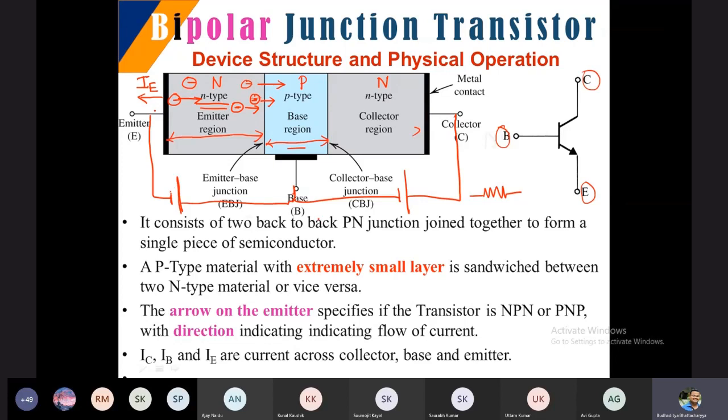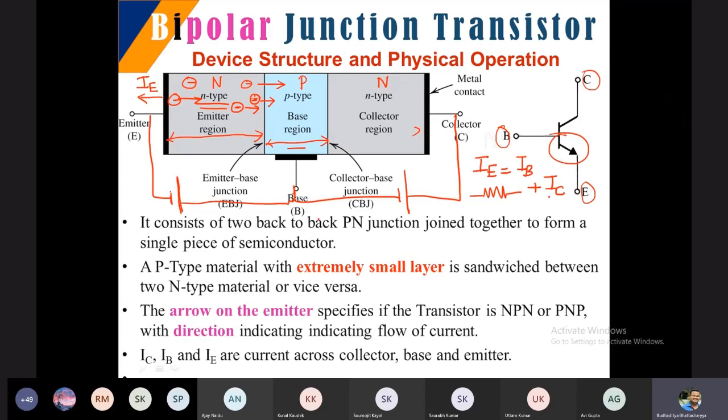You can see in the symbol itself, this arrow indicates the current is coming out of the circuit. Ideally, this emitter current is a combination of both IB and IC, where IB is the base current and IC is the collector current.